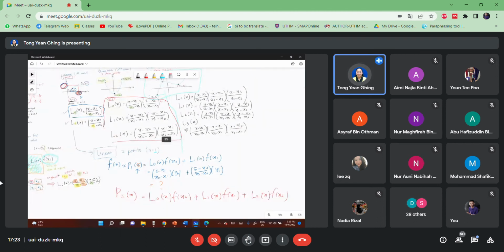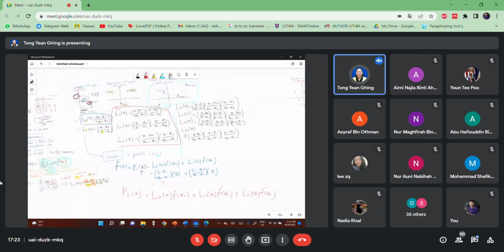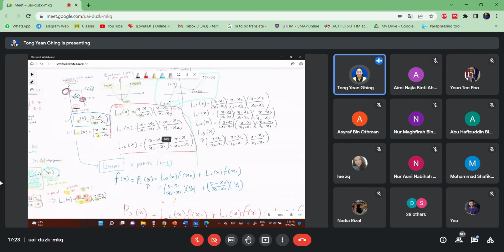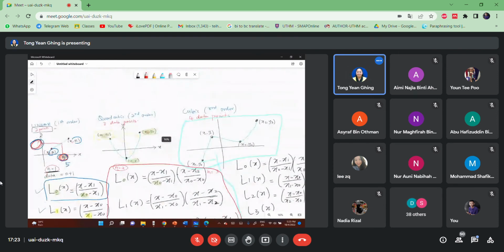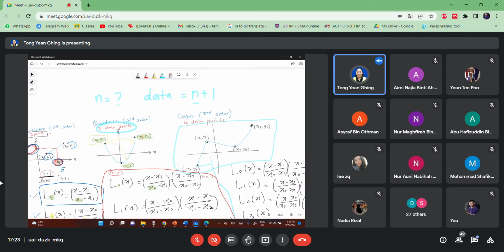So what we need to know is, first and foremost, we have to know how many data points. In order, we want to know the n. N tu berapa? Because data points is equal to n plus 1. Okay. So that means when we know the n, we will know how many weighting functions we have to do.